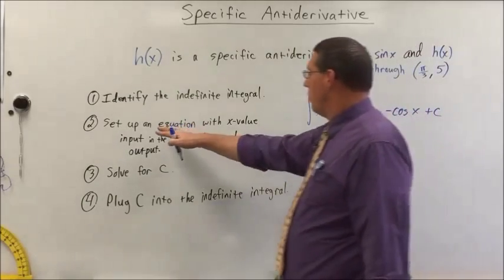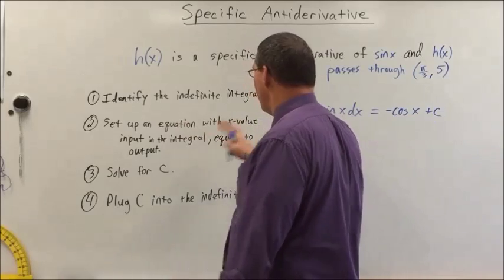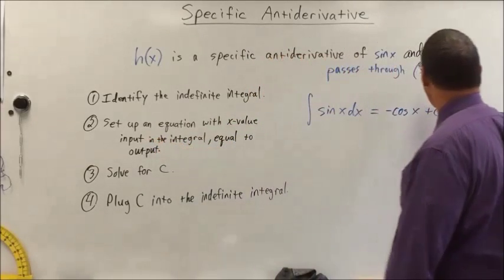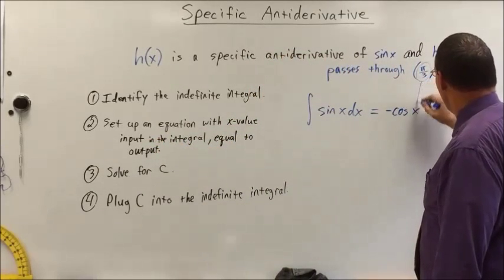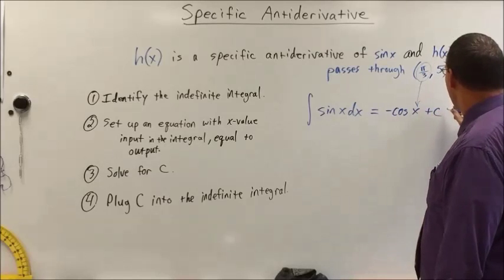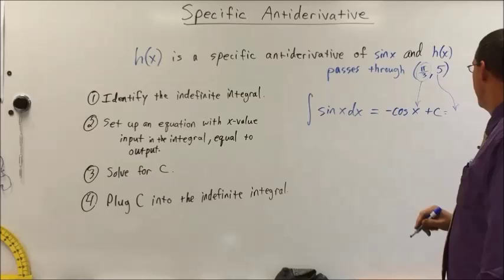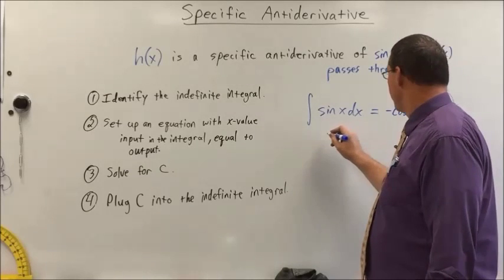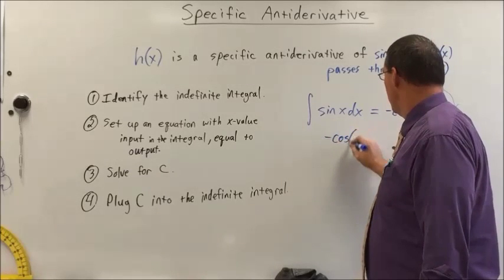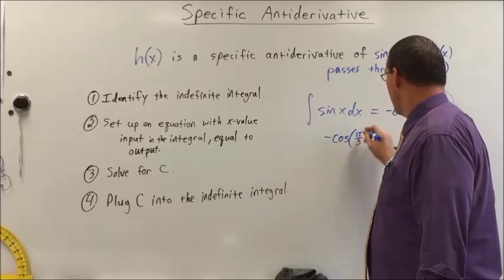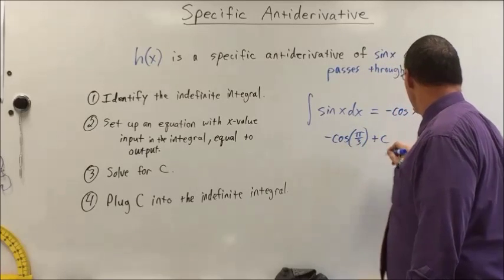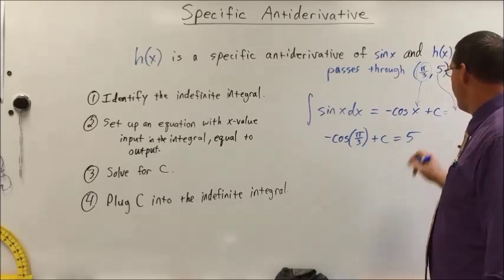And it says set up an equation with the x value input into the integral. So we're going to take the x value, pi over 3, and plug it in for x, and then set it equal to 5. So for step 2, we're going to do negative cosine of pi over 3 plus c equals 5.